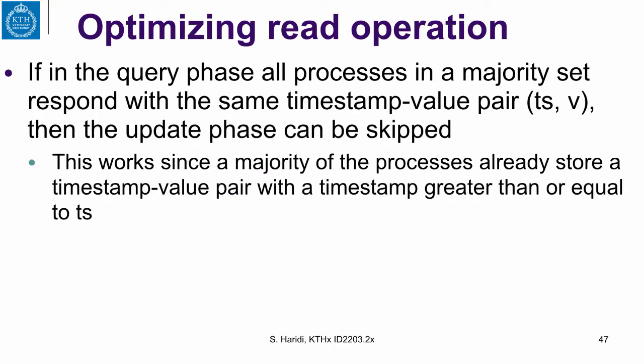We can optimize the read operation by avoiding the update phase, the second phase, if all the timestamp value pairs collected from a majority are the same. Then the update phase can be skipped, because in this case there is always a majority for this timestamp, so any other process that performs an operation will always see this timestamp value pair. This works since a majority of the processes already store a timestamp value pair with a timestamp greater or equal to TS, so there is no possibility to read an old timestamp.